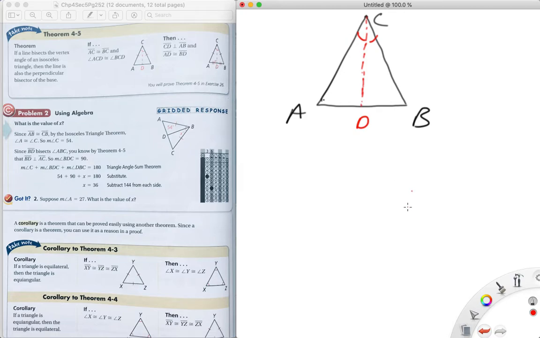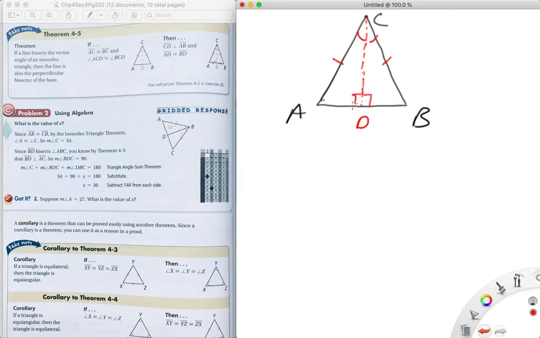If I draw a line that bisects the vertex angle, because I know that this is an isosceles triangle, and this is the vertex angle, then it is also perpendicular. It is also the perpendicular bisector of the base. So this is the base, because I have the base angles.